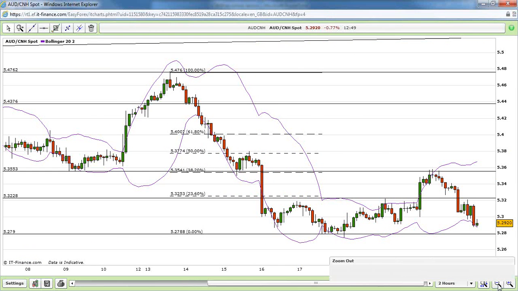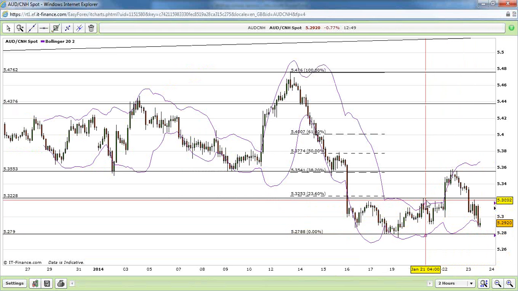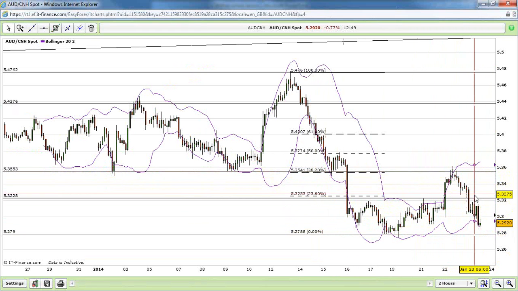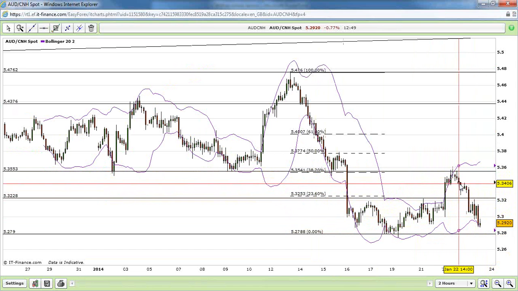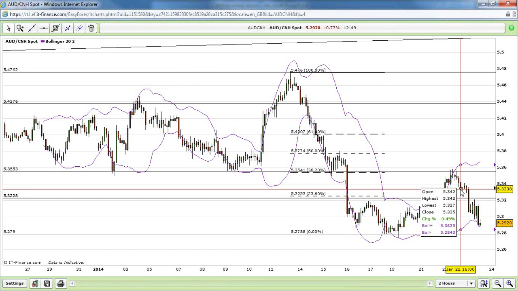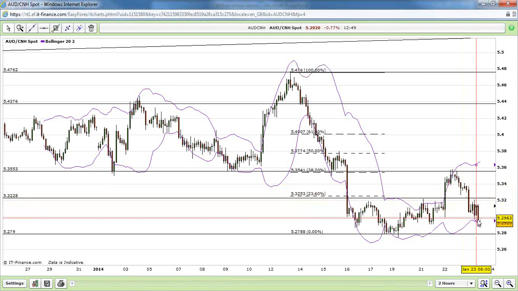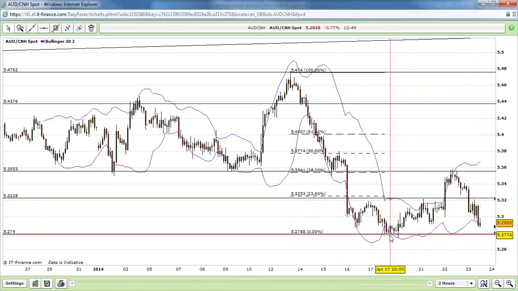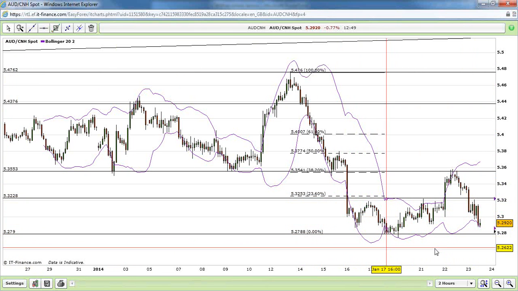Yeah, we can actually see that it has dropped from that level, and it's just kept going and going and going. This is where it was yesterday, when I made that image, and it's just kept going, approaching the low that we had on the 19th, down at 5.3.